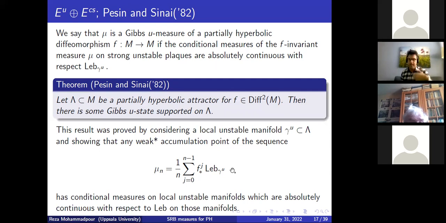So they show that any accumulation point of the sequence is a Gibbs-u state. Since you have a Gibbs-u state, if you have negative Lyapunov exponents with respect to this Gibbs-u state, this implies that your measure is SRB. When I say classic technique, I mean this technique. This technique is called the push-forward technique to construct SRB measures.